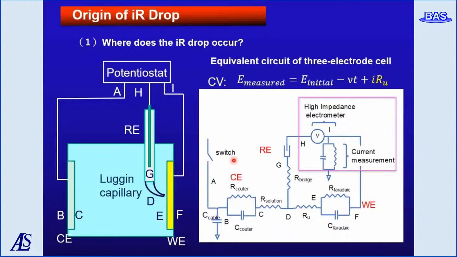The Luggin capillary was devised to reduce this solution resistance. These days, in control devices including potentiostats, an operational amplifier is equipped, so the application of positive feedback can compensate the IR drop.